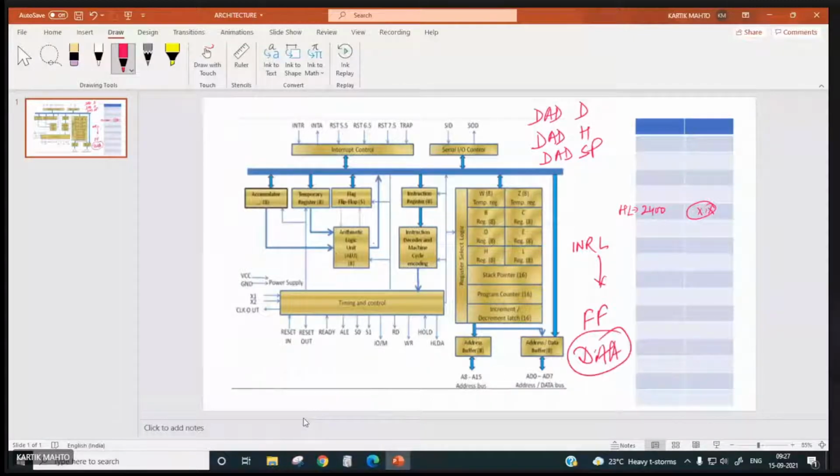Otherwise it may affect this, because whenever we are doing INR, the auxiliary carry may set, and due to that you have to use the DAA instruction properly. This way one question was framed, and I do not know how many of you answered that one correctly.